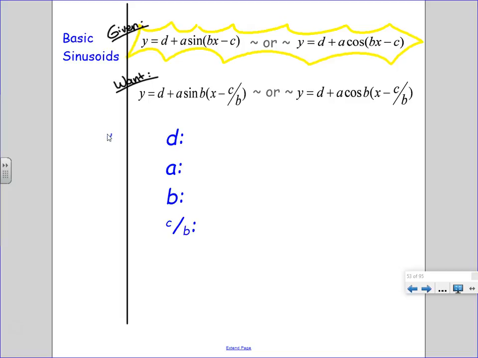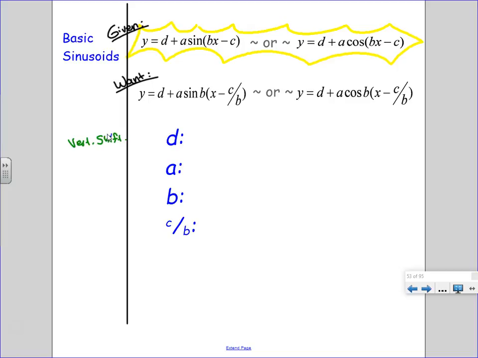You'll be given usually the top one. Sometimes we'll give you what you want. But you'll be given the top one, and you want the bottom one. Why? I'll show you in a second. Let me just go ahead and label stuff, okay? Addition on the outside is technically, like old school days, we would call that, oh hey, you have some sort of vertical shift.